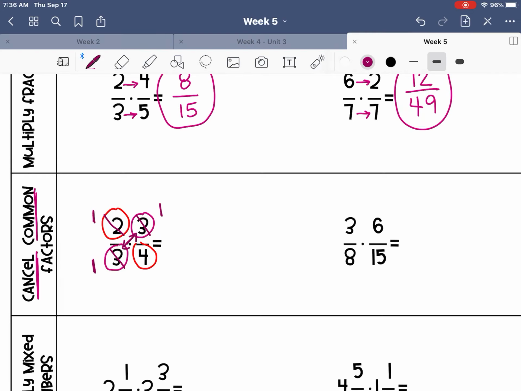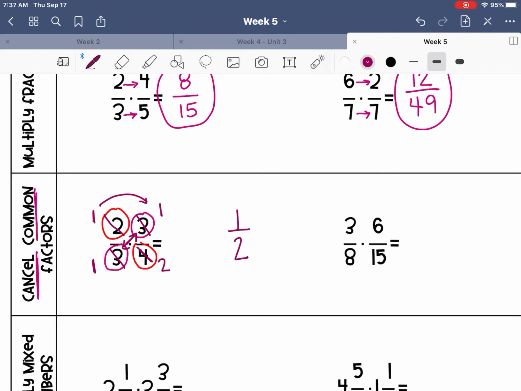2 divided by 2 is 1. 4 divided by 2 is 2. Then I multiply the numerators that I've simplified down to. 1 times 1 is 1. Sorry, I'm going to move that over a bit. 1 times 1 is 1, and 1 times 2 is 2. That's my simplest form.